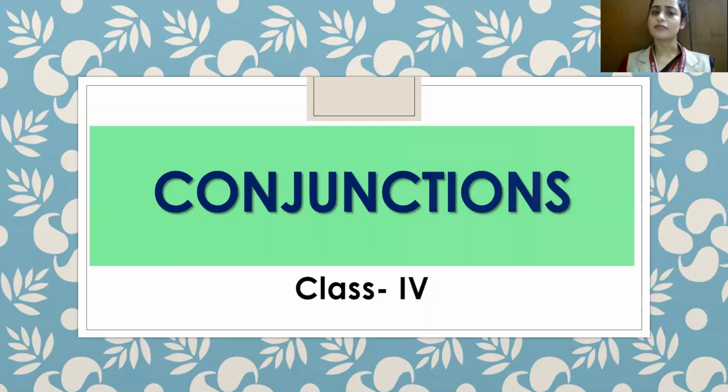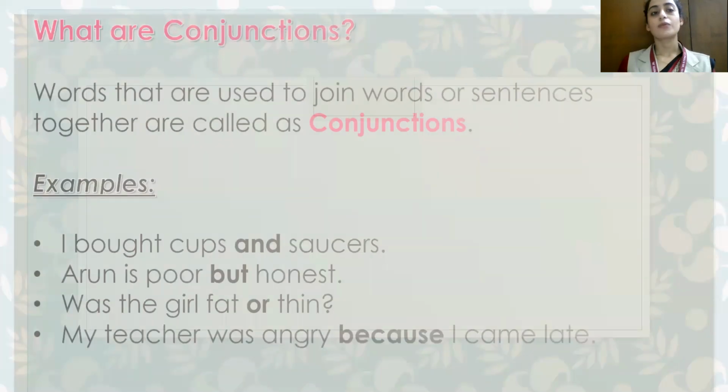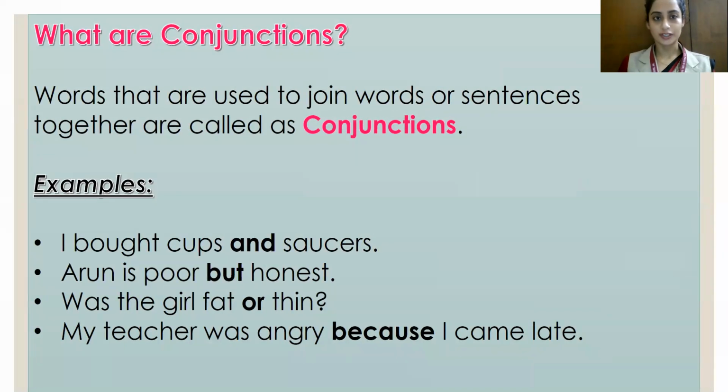So let us find out, first of all, what conjunctions are. First we need to know what conjunctions really mean. The words that are used to join words or sentences together are called conjunctions.